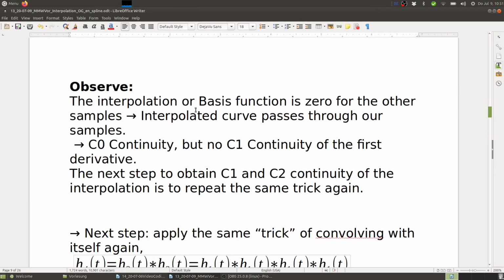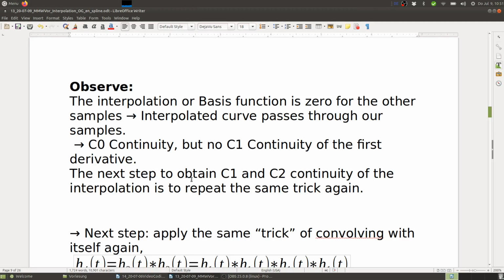Yeah, so the interpolation or basis function is 0 for the other samples, and this means the interpolated curve passes through our samples. We have C0 continuity, but no C1 continuity. We have kinks, because the first derivative is not continuous. So this is what we still would like to have, right? We want to have C1 and C2 continuity.